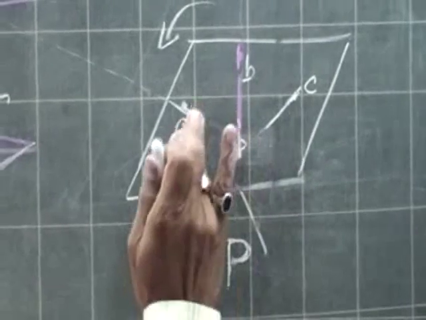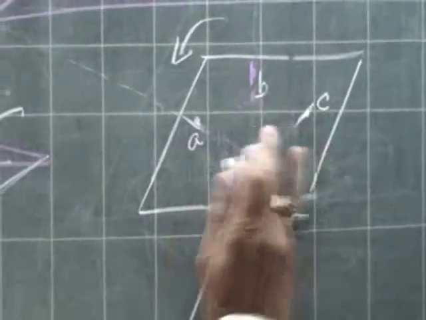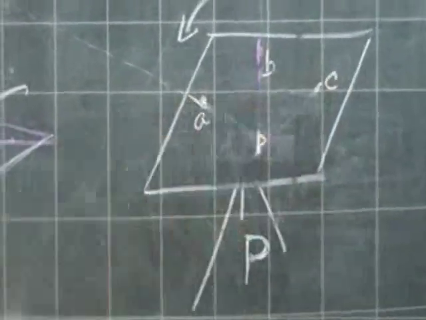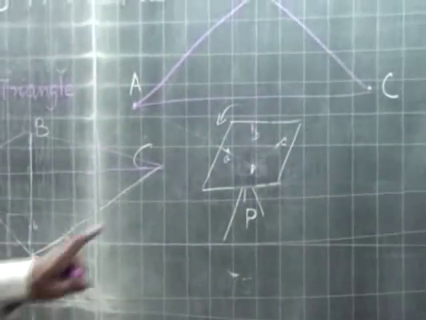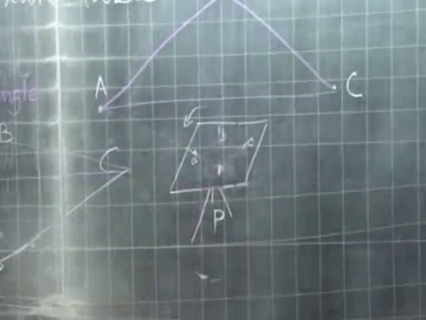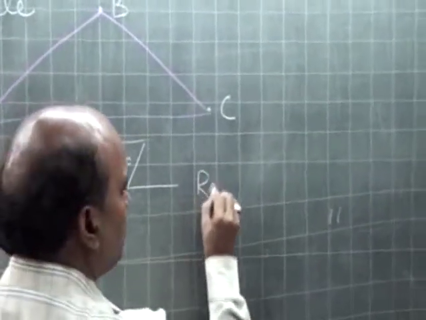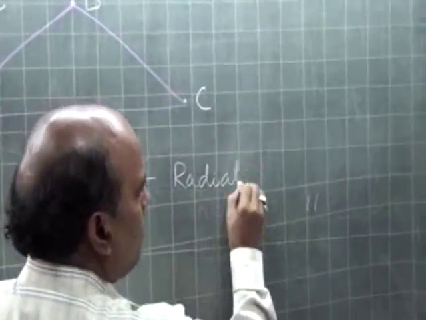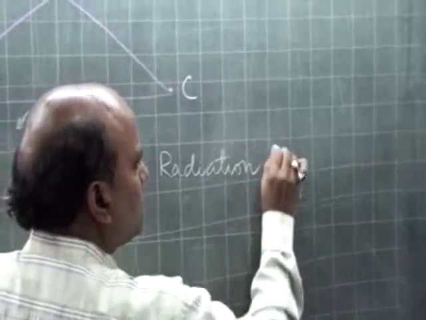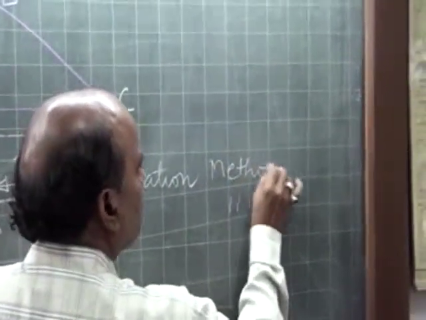Once we got a small p and we know these 3 control points, now from this particular point we can use the radiation method of plotting.